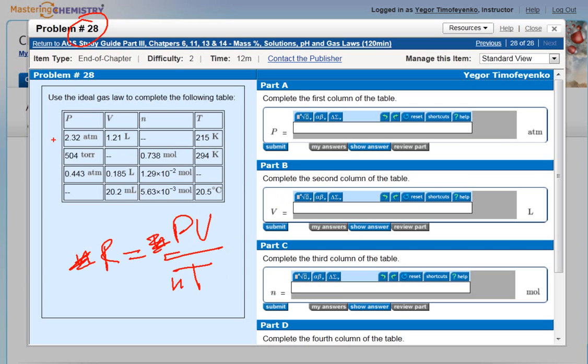In this case, we have everything but n, so we have to solve for n; n will be X. In another case, we're given everything but V, so we'd solve for V as X, and so on. And don't forget to convert torr to atmospheres. By the way, R can be found in the back cover of the book.